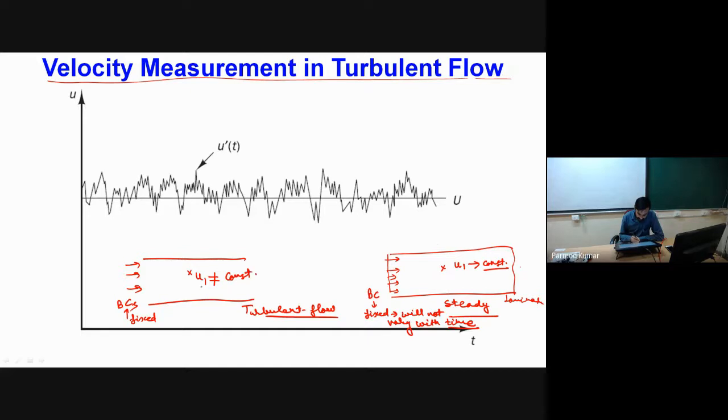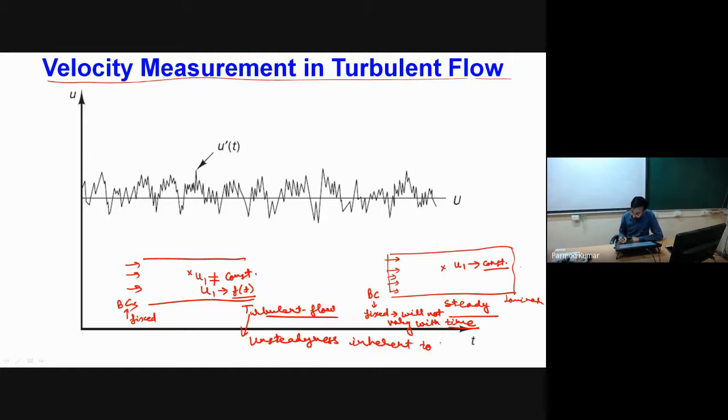Rather, this u1 will become a strong function of time. It will show some fluctuations when we obtain the velocity at different times. So unsteadiness is something which is inherent to turbulent flows.